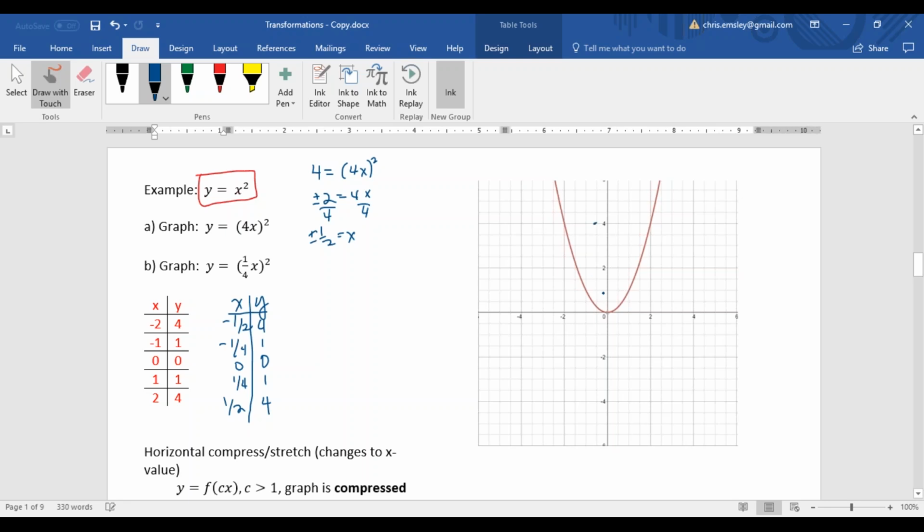Negative 1/4 and 1 would be about there. 0, 0, 1/4, 1, and 1/2, 4. So you can probably see by my points here what I'm going to get, and this is going to be hard to draw, is a very skinny, narrow parabola in here. It's been squeezed.